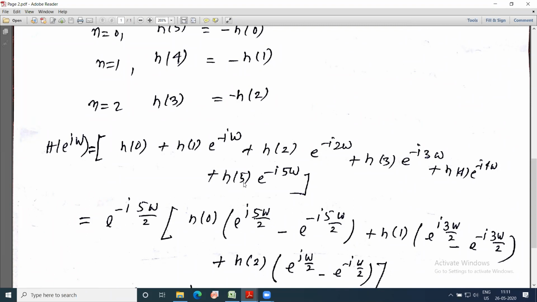I hope this is all right, because e power minus j5 omega by 2 and e power minus j5 omega by 2, if you multiply, it will be e to the power minus j5 omega, and h5 equals minus h0. If I substitute, then these two terms, if I combine, I will get this term.